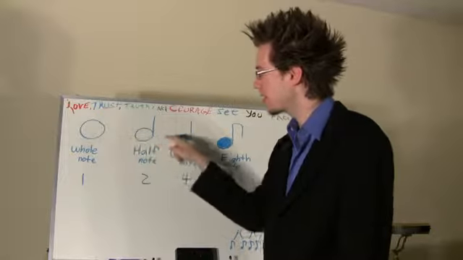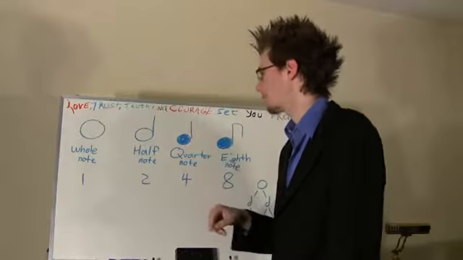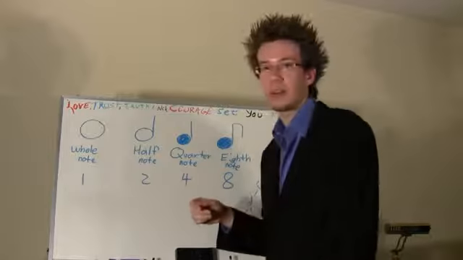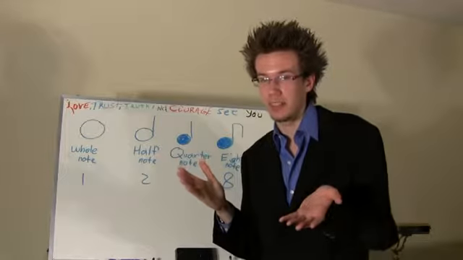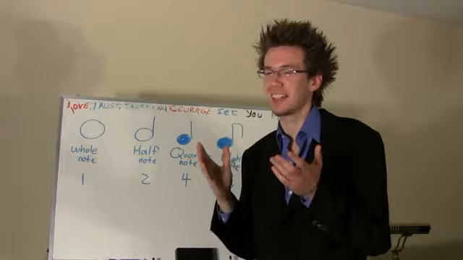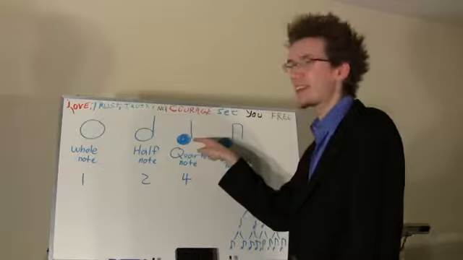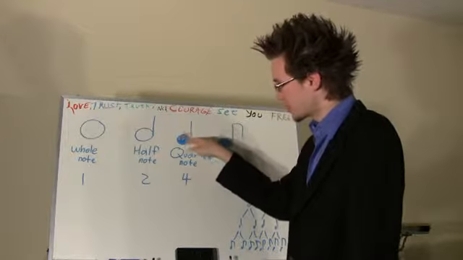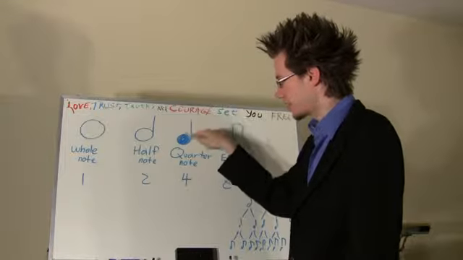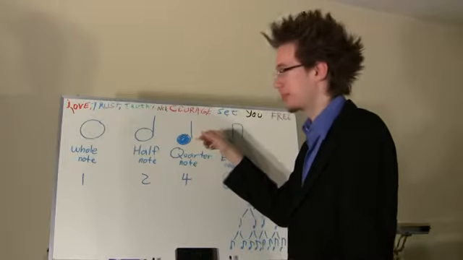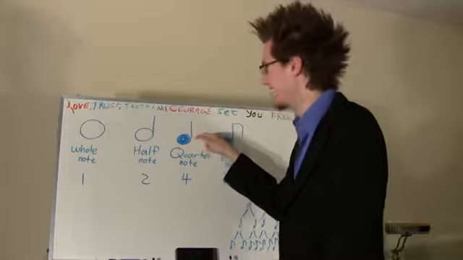Hopefully you're following me right now. A whole note is a circle, a half note is a circle with a stick. Now, the quarter note. We can't add another stick onto it, so what do we have to do? Let's fill the circle in. So the quarter note is a circle with a stick that's filled in. Pretty hard, huh?